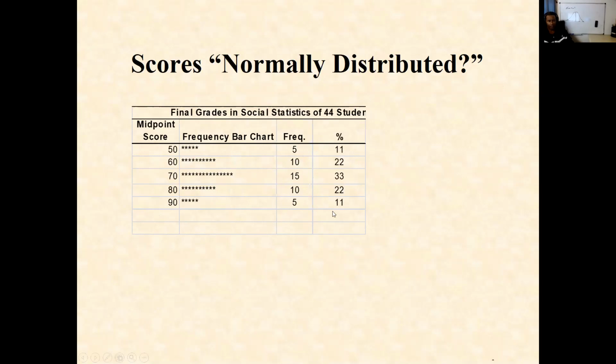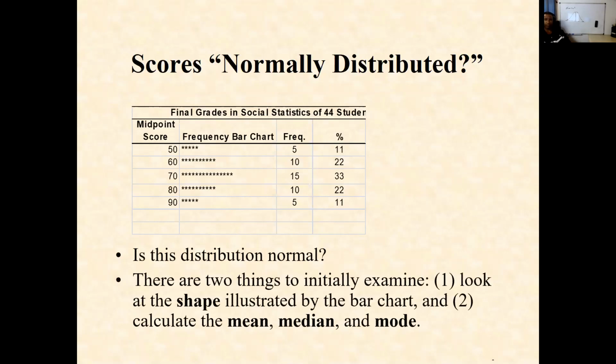So looking at this, does this distribution look normal? And then there's a couple ways to examine it. And the first way is to examine it visually, okay? Well, if you look at it visually, let's just say that you were to draw a line around this distribution.